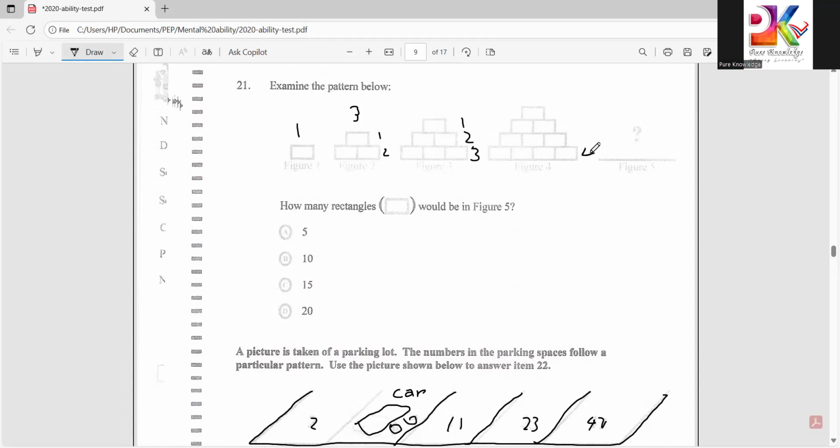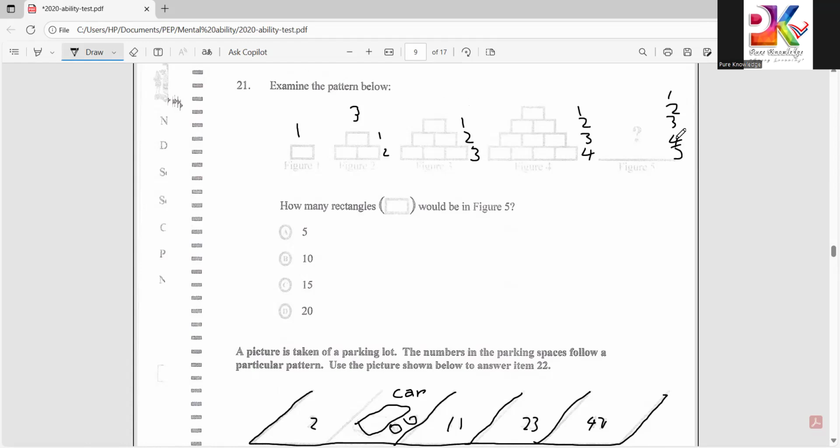And then this becomes four, this becomes three, this becomes two, and then one. So with the same pattern, we're going to do it for figure 5. Then the base will become 5, that will become 4, right? Then this will become 3, this will become 2, and then we're going to add 1, because we see they keep on adding 1. So we're going to count that.